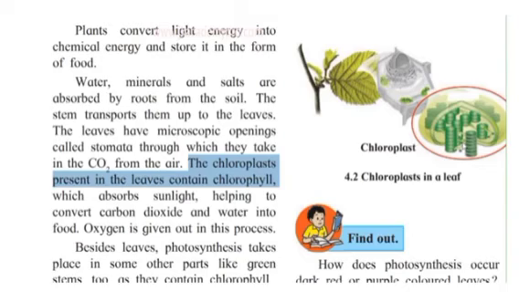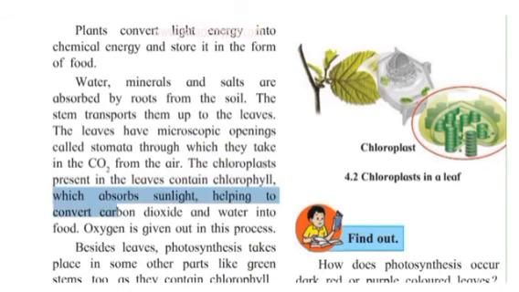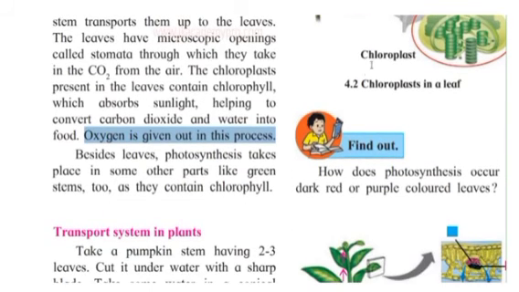So chlorophyll, with the help of sunlight, water, minerals, and salts, is able to convert it into food, absorbing sunlight, helping to convert carbon dioxide and water into food, and in the process oxygen is given out. So this is how plants are able to produce their food. This is the process that goes on.